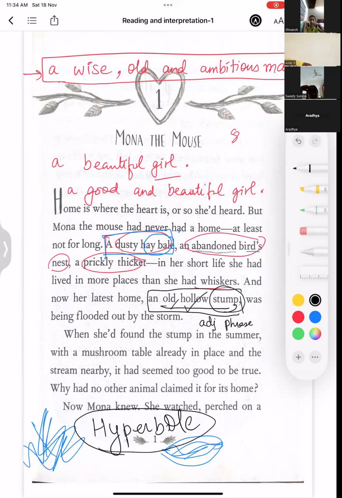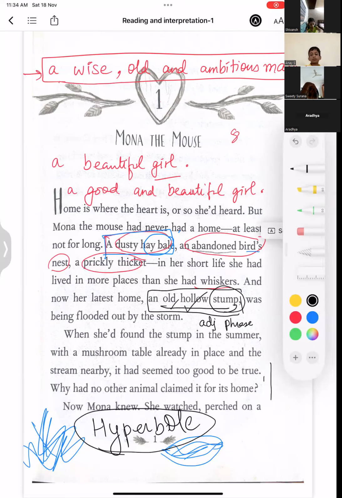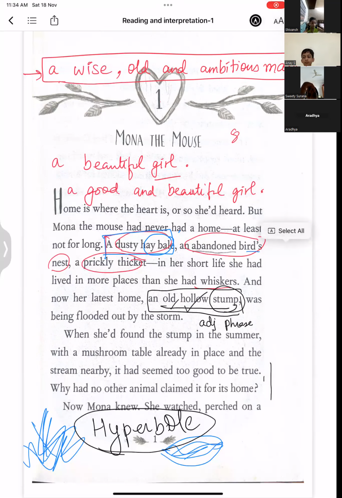And now her latest home, an old hollow stump, was being flooded out by the storm. Now, as per Samaira, let me draw it out for you. This is a tree, okay, here. It's a big tree as we have seen on the cover page of the story. Yes, children? This is a big tree.